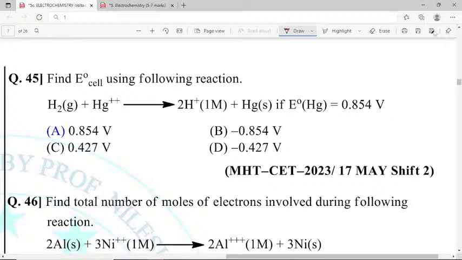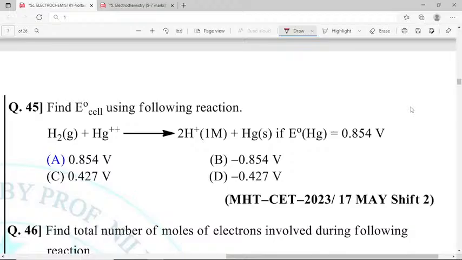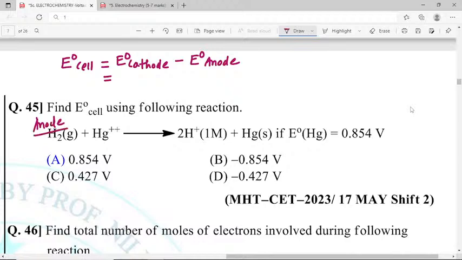Find the E naught cell. Again the same question, repeated here. E naught cell is equal to E naught cathode minus E naught anode. What is hydrogen? Hydrogen is the anode, and mercury is the cathode.